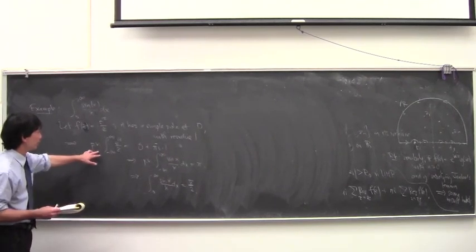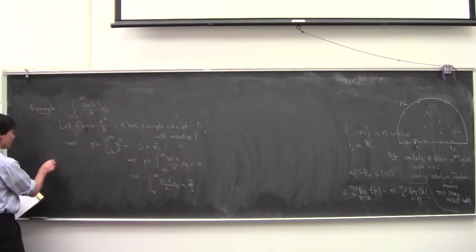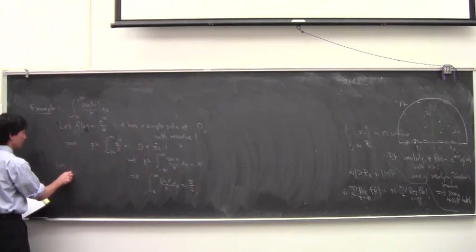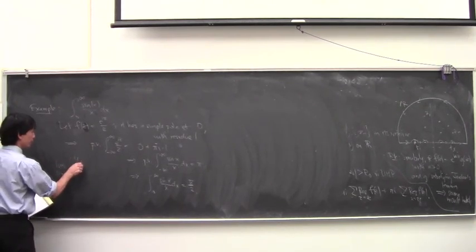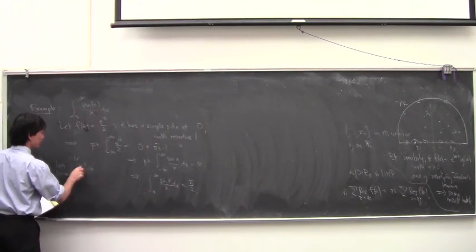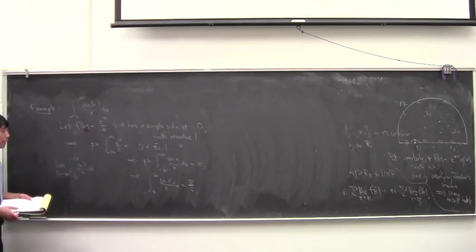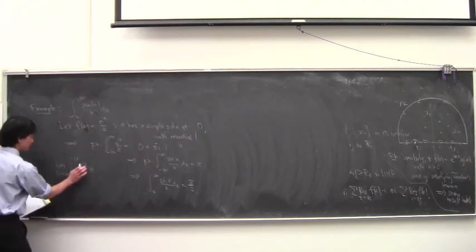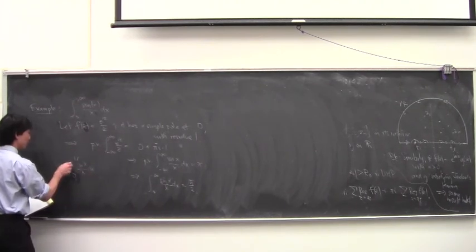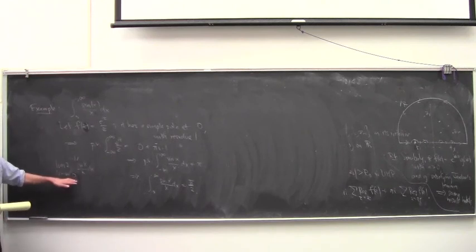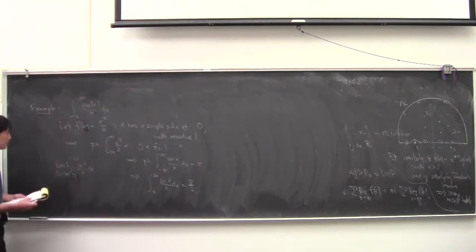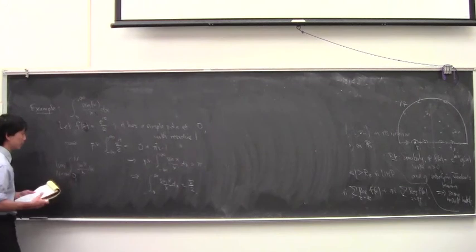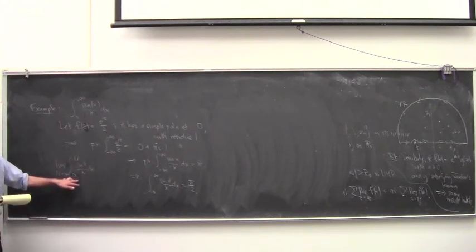So the principal value integral holding, what does that mean? That means that the limit as n goes to infinity of the integral from negative n to n of sine x over x dx exists, right? But this is an even function, right? So this is the same thing as saying that twice the integral from 0 to n exists, right? This is saying that this, and in particular this, limit exists, right?